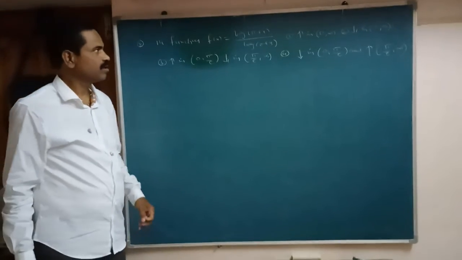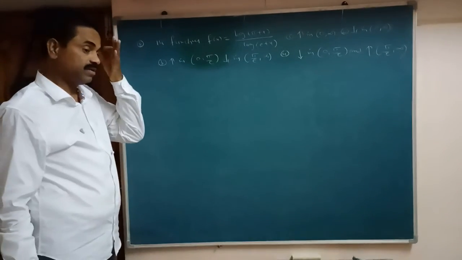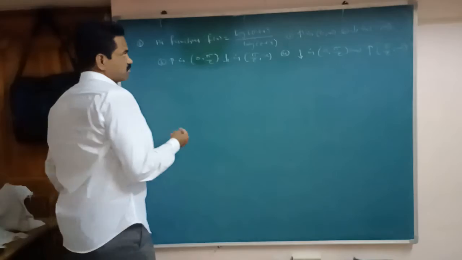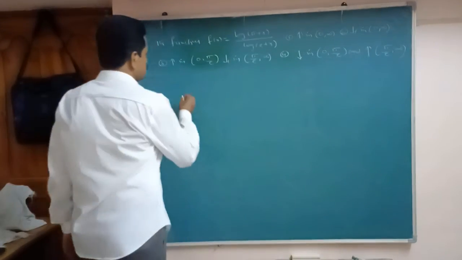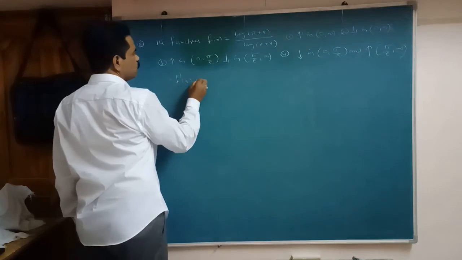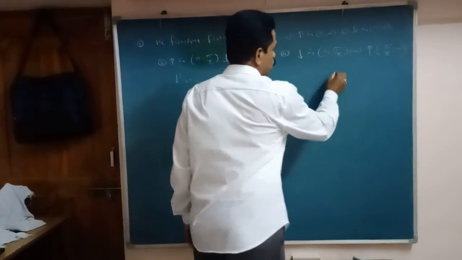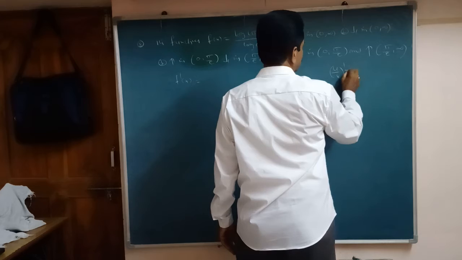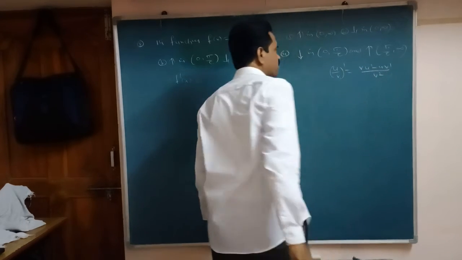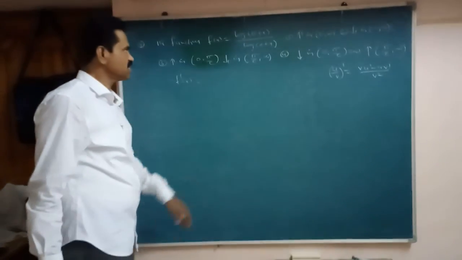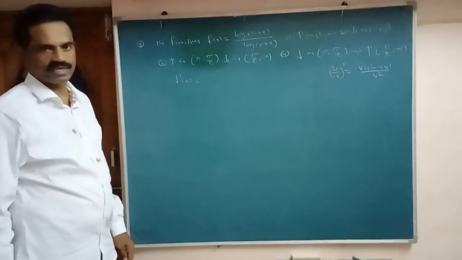Right. So here first we have to find out the f dash x. We know the u by v formula, v u dash minus u v dash by v square. After that, we find out in which interval f dash x is increasing or decreasing.